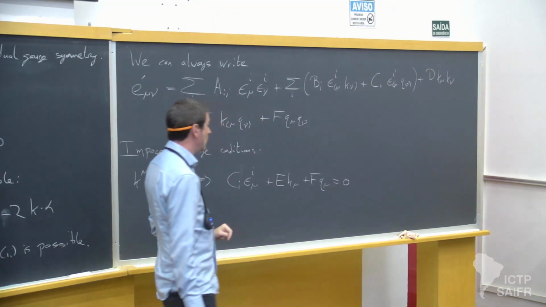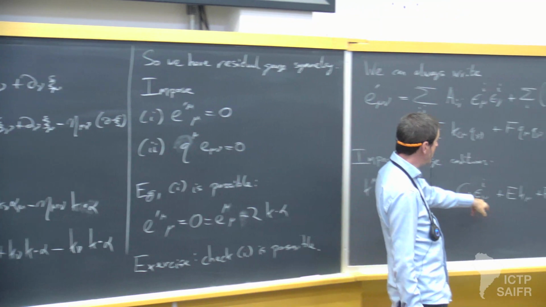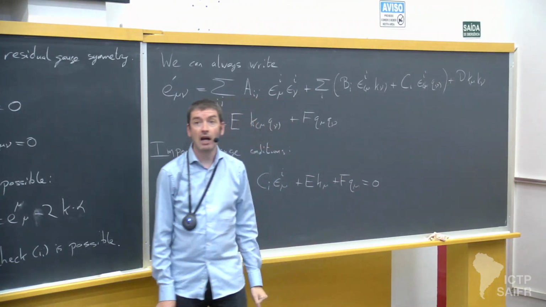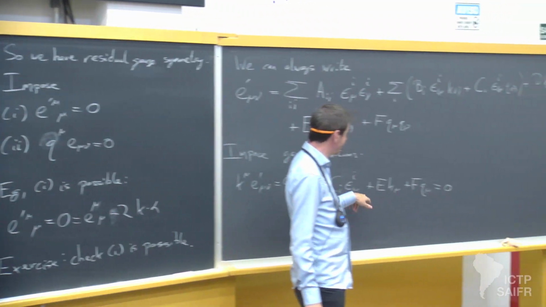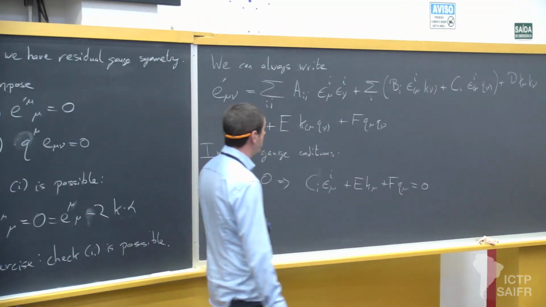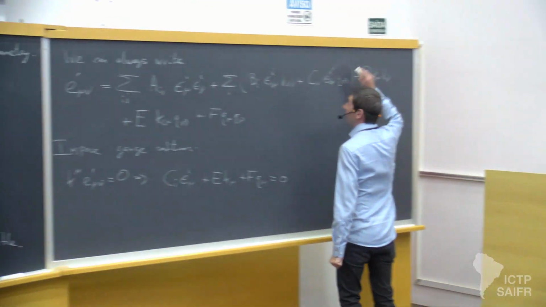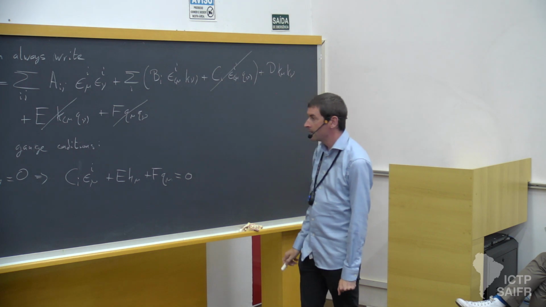Right. So this equation must hold. But remember that epsilon, K, and Q are a basis. Right? So there's no relations amongst these. It must be that C_i, E, and F are all 0. Right? So you just get to drop these. C, E, and F are 0.